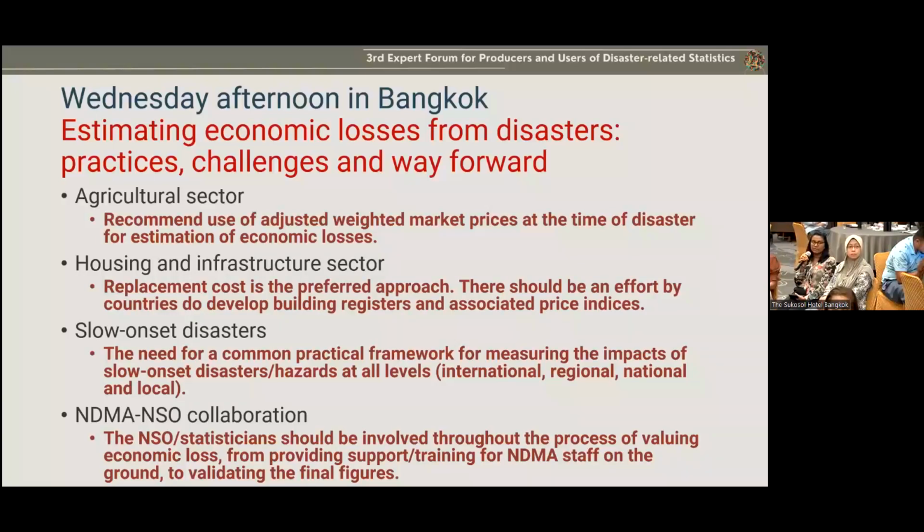And on the NDMA, the Disaster Management Authority, and the NSO's collaboration, it was agreed that the NSO statisticians should be involved throughout the process of valuing economic losses, providing support as well as training for the disaster management staff on the ground to validate the final figures as well.